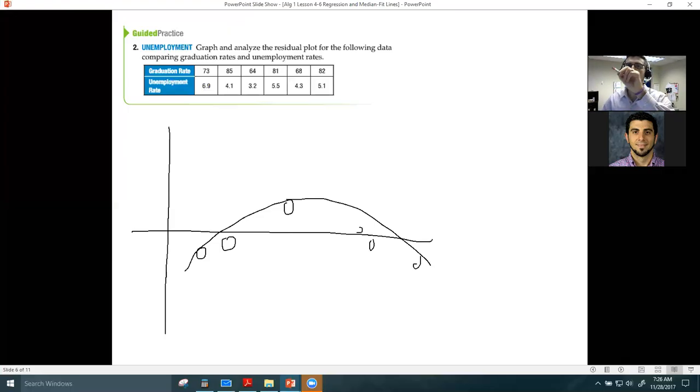They go in a pattern that makes a curve, which indicates that a line might not be the best way to model this data. And if you look at the original scatter plot, you'll see that the data might have a positive or negative correlation, but it doesn't necessarily go in a linear pattern.